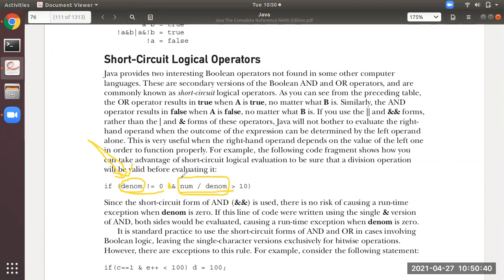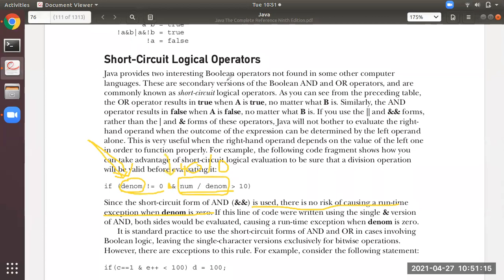Now what is going to happen? Num is 40, denom is 0, so 40 divided by 0. What is 40 divided by 0? You have learned in the exception handling concept in C++ that any number divided by 0 will cause a runtime exception. So this program will give you a runtime exception when denom is 0 and there is no short circuit, that is, only one ampersand.